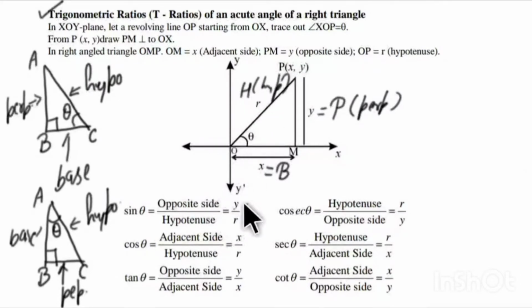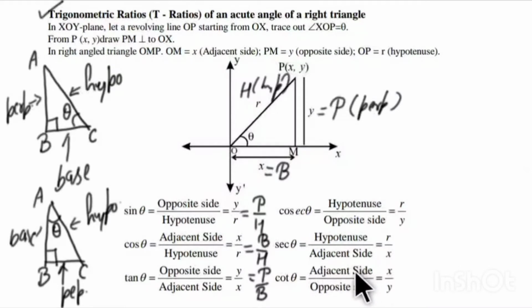Then sin theta equals opposite side upon hypotenuse, that is perpendicular upon hypotenuse. Cos theta equals adjacent side upon hypotenuse, equal to base upon hypotenuse. Tan theta equals opposite side upon adjacent side, or you can say perpendicular upon base.